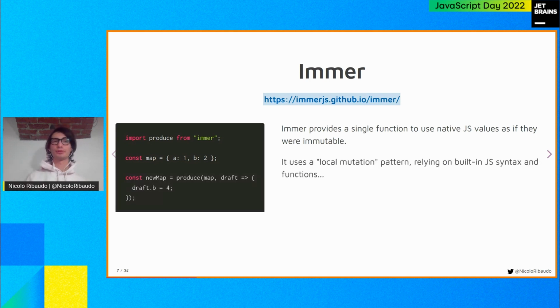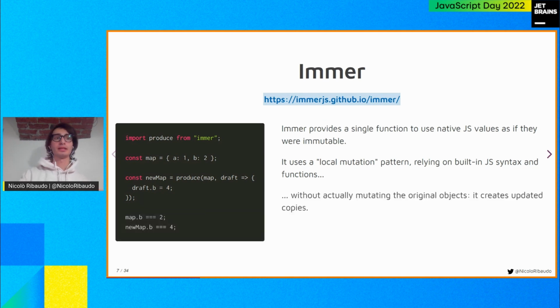So using this produce function given to you by Immer, you can write your code as if you were mutating an object, so with the common JavaScript syntax we're used to, but instead of actually mutating the object, Immer leaves the original map object as it is, and it gives you a new object with the values updated. So in this example, the B property of the original map object is still 2, and we have a new map object whose B value is 4.